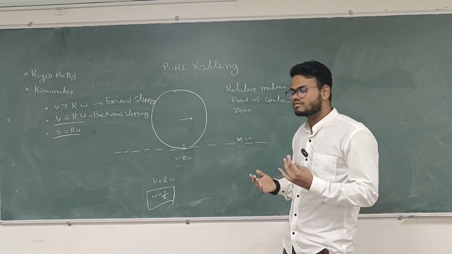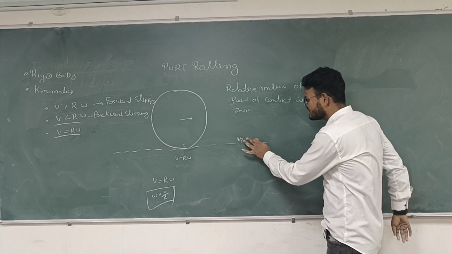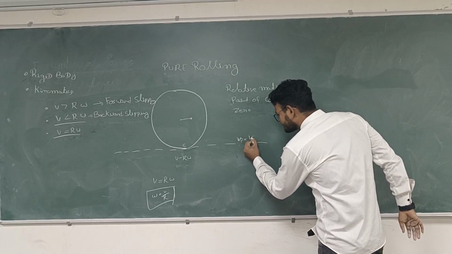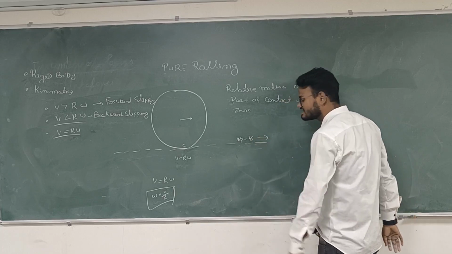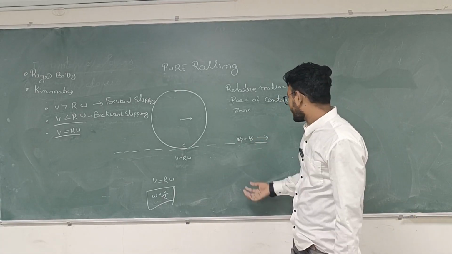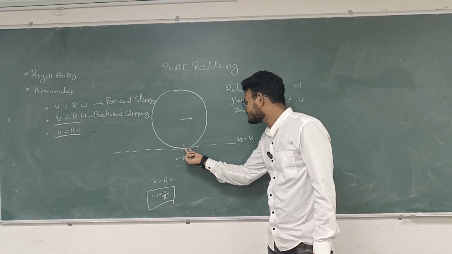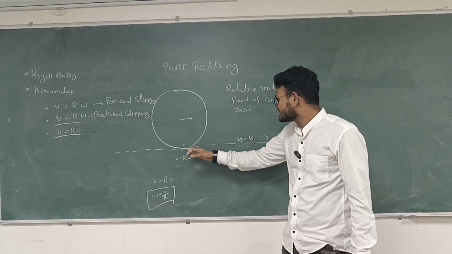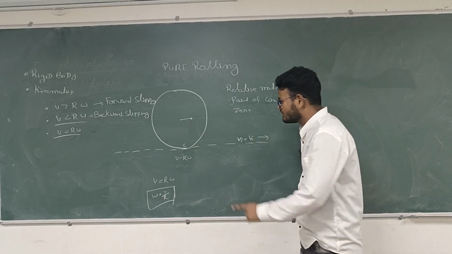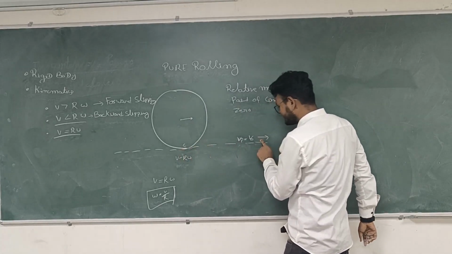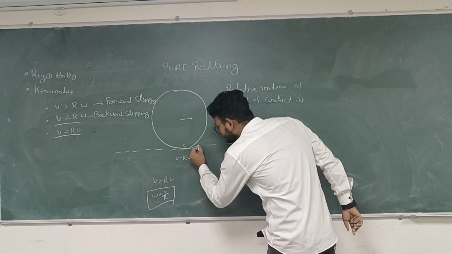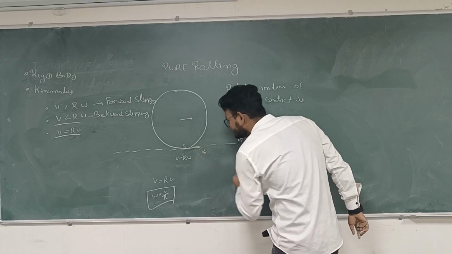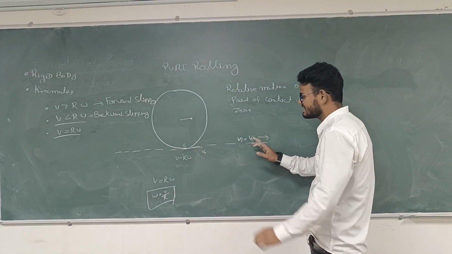Then what will happen if the platform moves with some certain velocity v0 in this direction? If the platform is moving, then this point has to move in this direction to make the relative motion 0. So in this situation, point C will also move with velocity v0 in this direction.